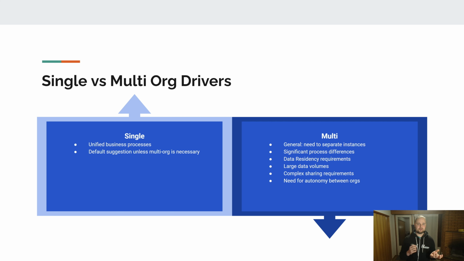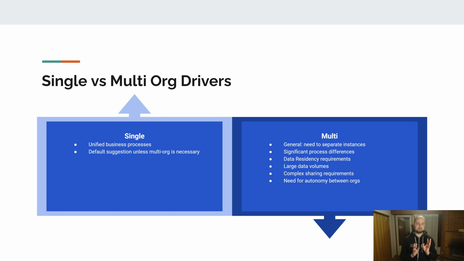The drivers for going either single org or multi-org: for a single org, it really helps to unify the business processes. We have just one org where everything is happening, just one Salesforce instance where we're running all of our business. That is usually the default suggestion in the scenarios.